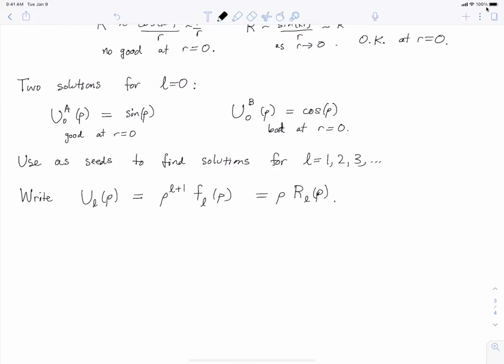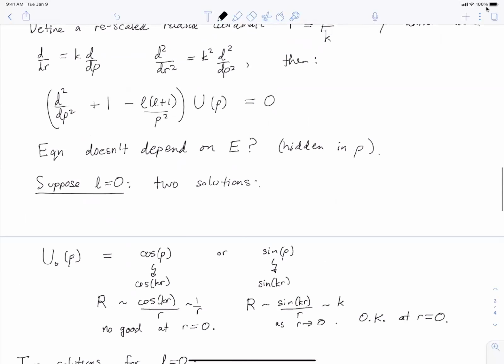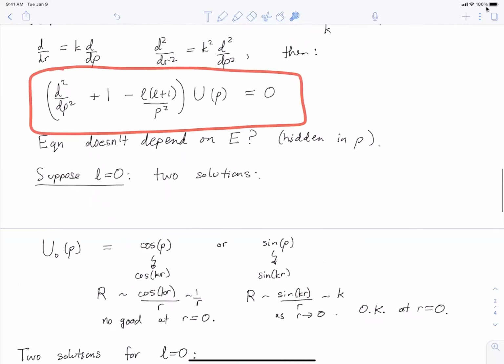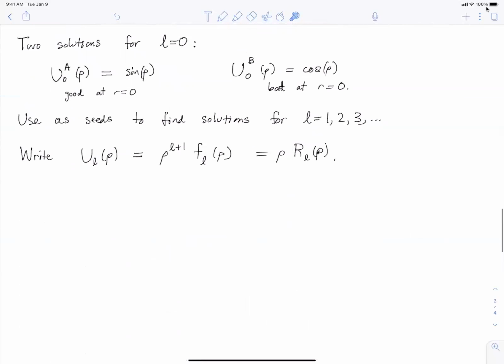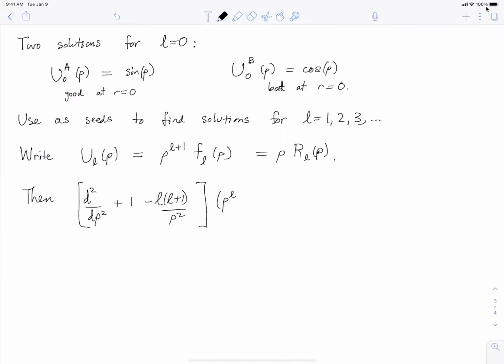Okay, so now use that change of variables and plug it back into this equation right here. And see what happens. And what you get is that 2 rho derivatives plus 1 minus L times L plus 1 over rho squared, now acting on rho to the L plus 1 times F sub L, that's 0.